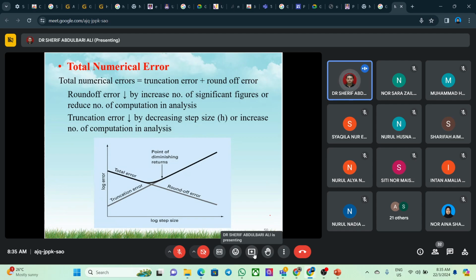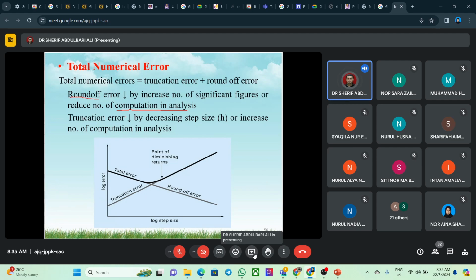Whether you're using 2 significant figures or 4 significant figures, there will still be some round-off error. So how to control the round-off error? To reduce it, you increase the number of significant figures. The more you increase the number of significant figures, the more you reduce the error. And also by reducing the number of calculations or computations in the analysis. So this is how to reduce the round-off error.